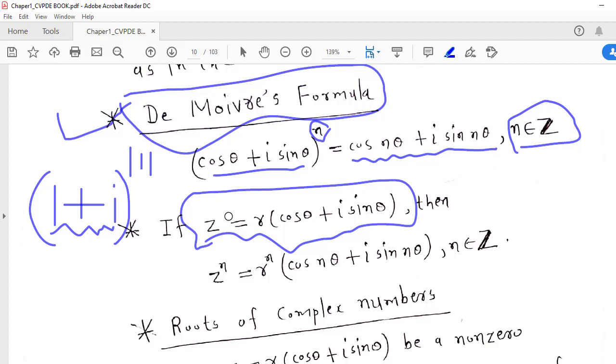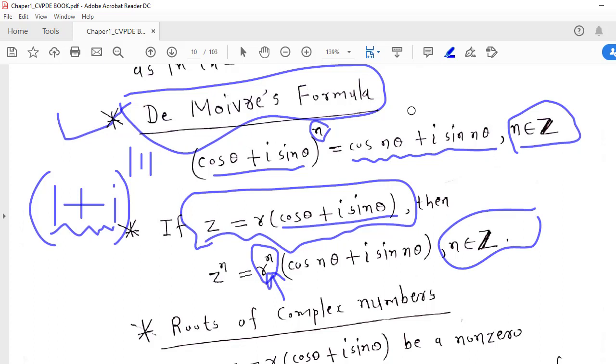Then z to the power n will be r to the power n. r is the modulus of z, always a positive real number, so we can directly find the nth power of a positive real number. And cos theta plus i sin theta raised to n will be cos n theta plus i sin n theta. So De Moivre's formula is useful in finding large powers of complex numbers.